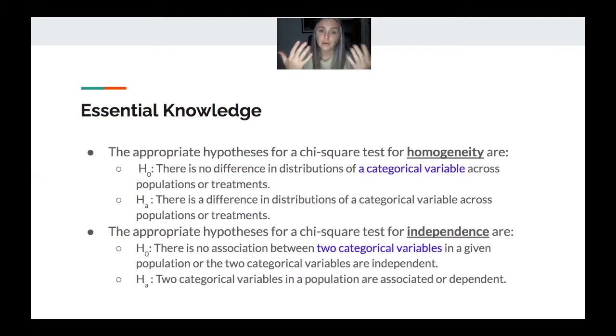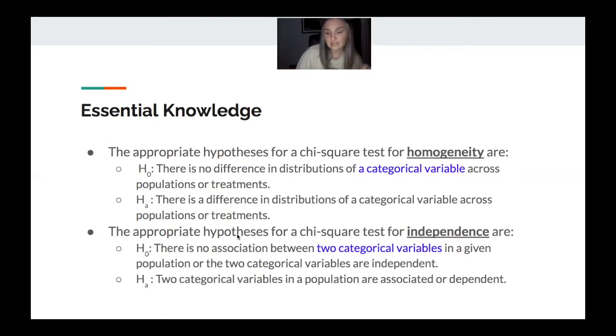So there's no difference in the distribution. So this is two samples, right? Two different things, two populations, off-brand population, real M&M population. Are the distributions the same? So there's no difference between the distributions, or is there a difference? So that is your appropriate hypotheses for homogeneity. Difference or no difference in the distributions.